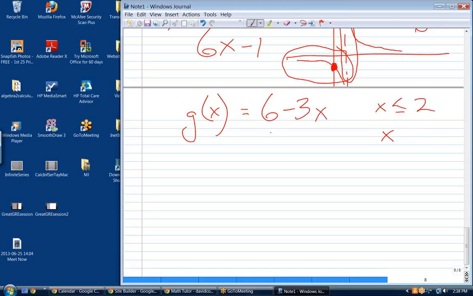The second one is x plus 2 if x is greater than 2 but less than 5. Let me write that differently. And the third one is x squared minus 18 if x is greater than or equal to 5.